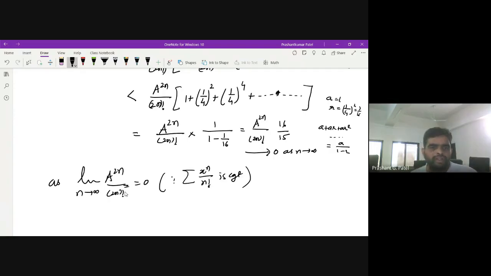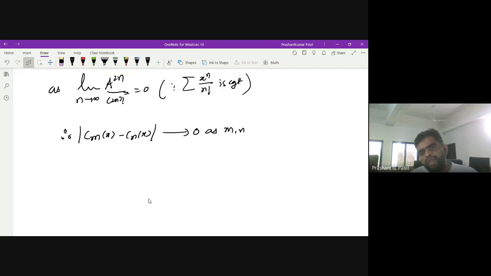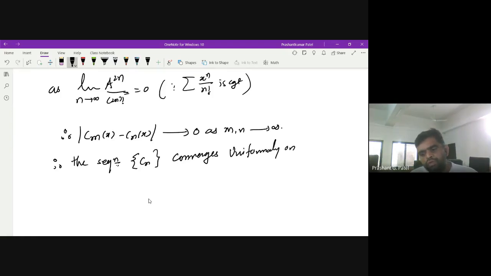So from this argument, what we can say, therefore, is that Cm(x) minus Cn(x) tends to 0 as m and n tend to infinity. And hence, by Cauchy's criterion, the sequence Cn is converged uniformly on any interval minus a to a.